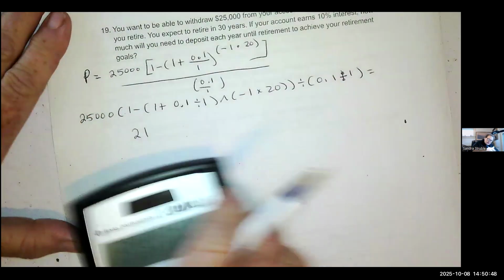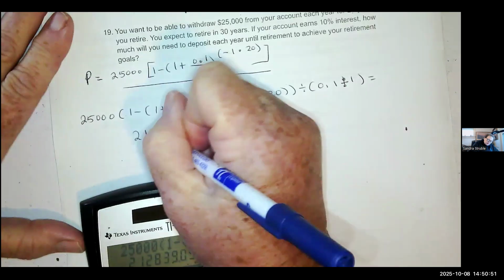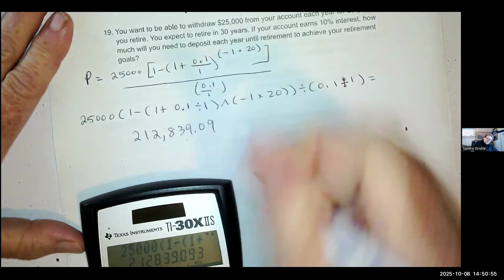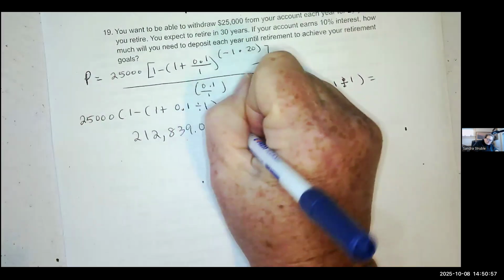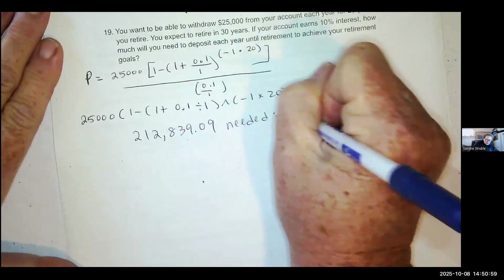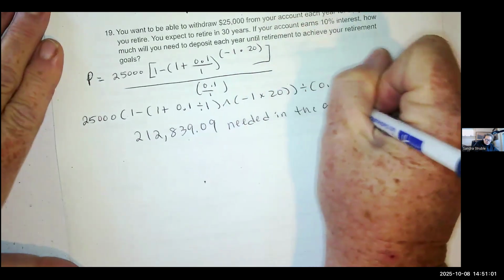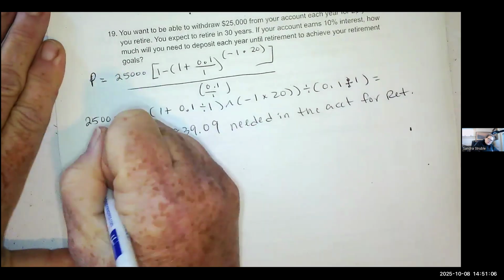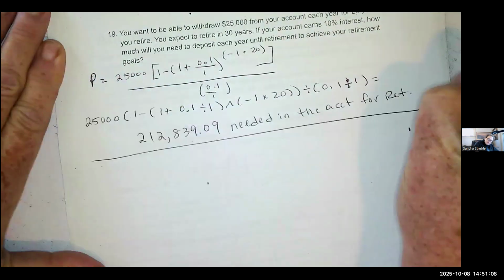I need $212,839.09 in the account for retirement. So that's my P. It's also my A for my annuity formula.